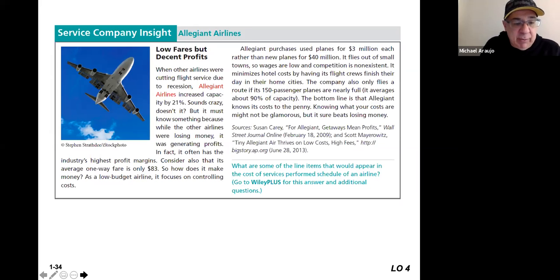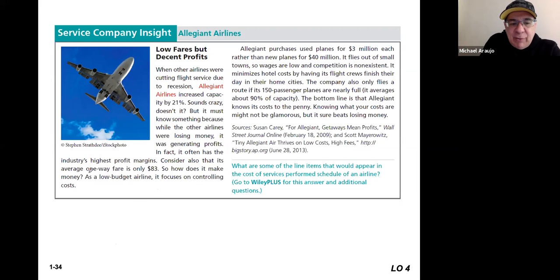How do they do it? Well, actually, it's interesting because they have some of the highest profit margins in the airline industry, which is important today because, of course, not that many people are flying compared to before.